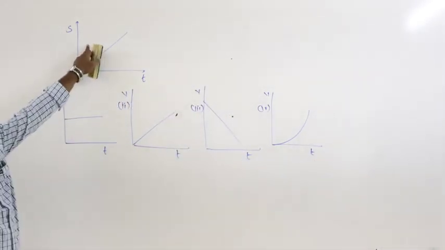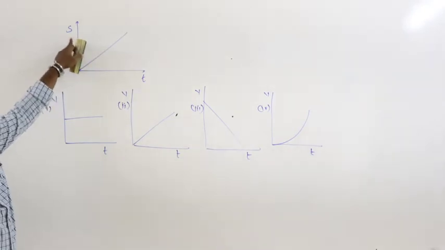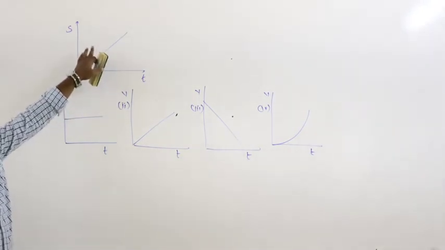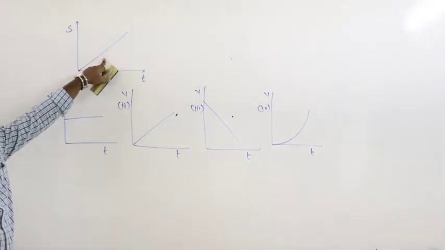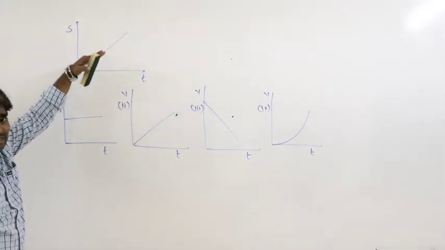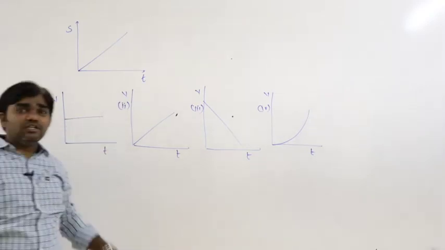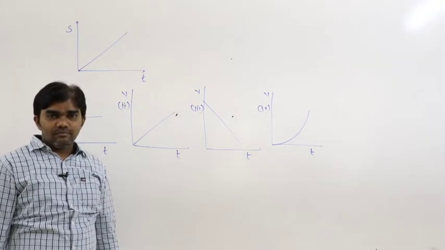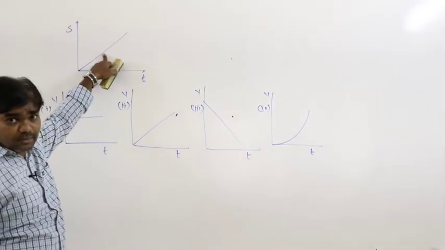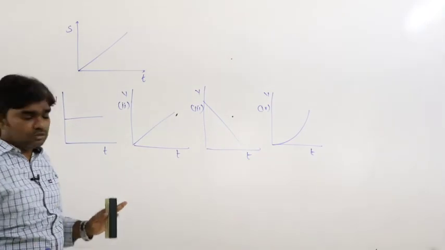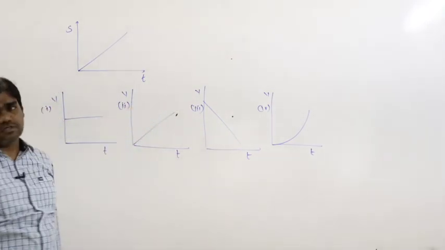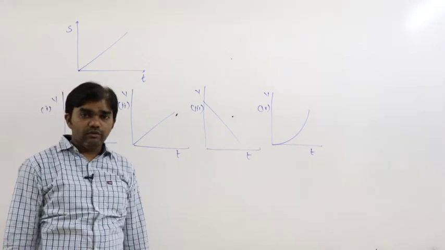This is the graph mentioned in the problem. If the shape of the displacement time graph is given like this, how can you represent the same graph in terms of a velocity time graph? That is the question, and these are the possible options. How can you draw that?